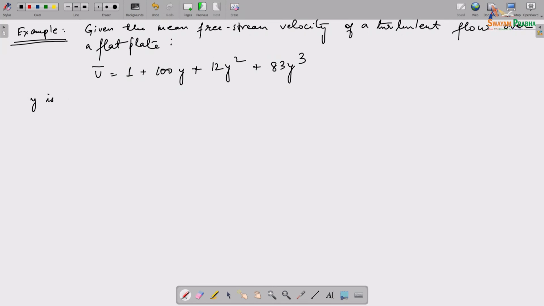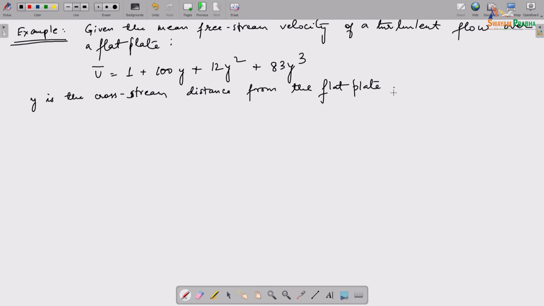Now let us see what is being asked from us. Y is the cross stream distance from the flat plate.